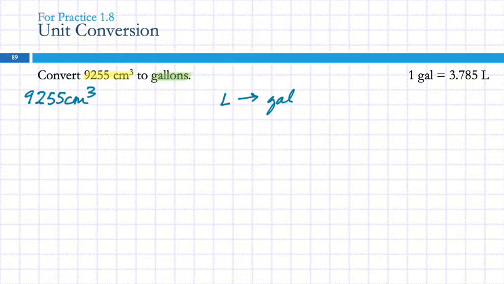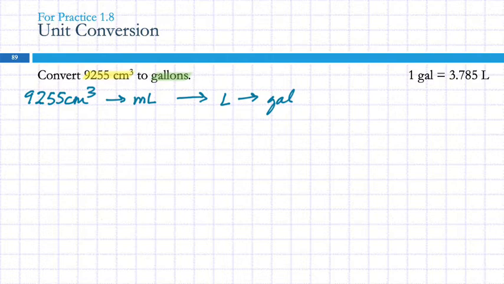So this is helpful because that's a metric unit of volume. This is also a metric unit of volume. Well, what's the same as a cubic centimeter? A milliliter. So I can change cubic centimeters into milliliters. Can I change milliliters into liters? Yeah. So there's my path.